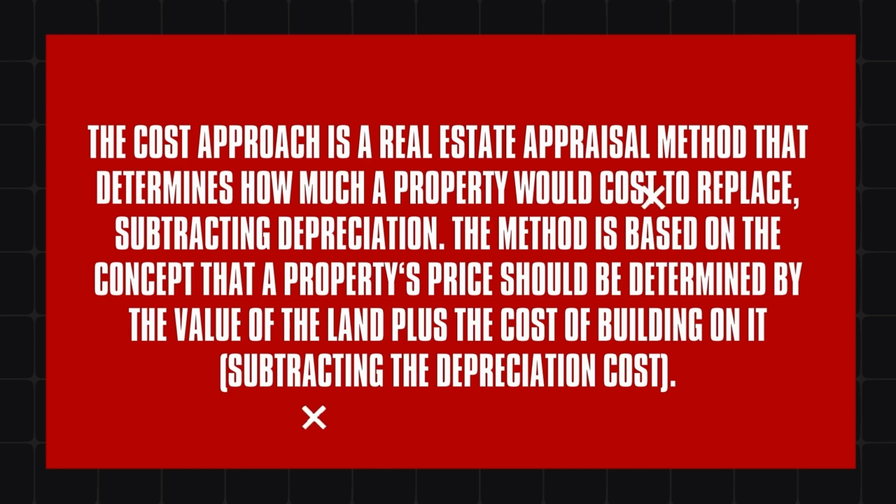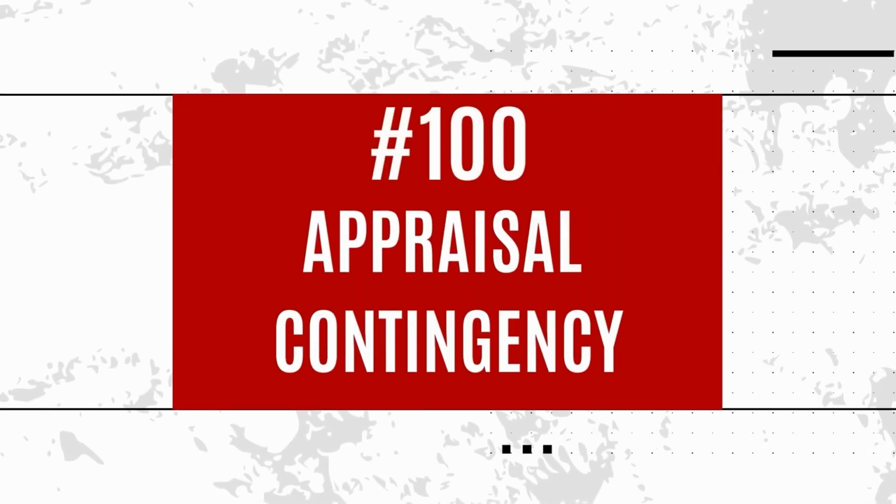For example, if a house is built for $200,000 on a $50,000 lot, the cost approach would value it around $250,000 minus any depreciation. You got this. Unleash your inner definition guru. Appraisal contingency.